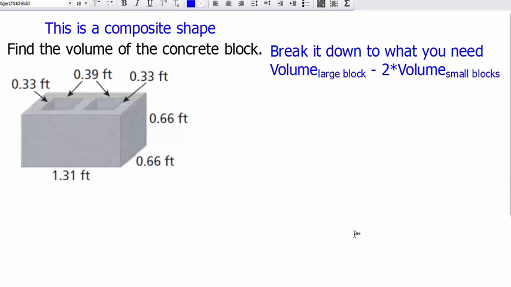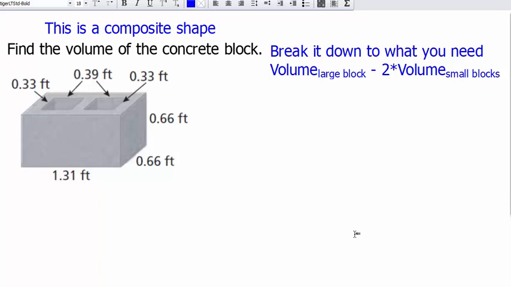So now we're going to take a look at a couple composite shapes. And in a composite shape, you may have two shapes that you add together, rectangular prism plus a half a cylinder. You may have two stacked rectangular prisms. Or you can have, like we show here, something is taken out.